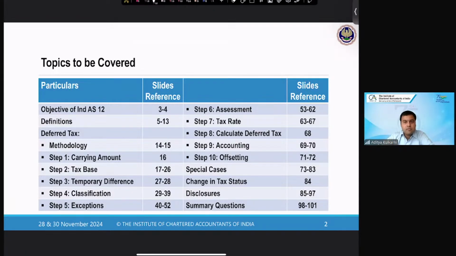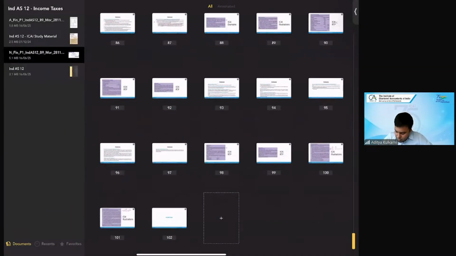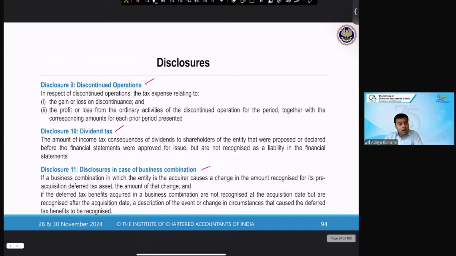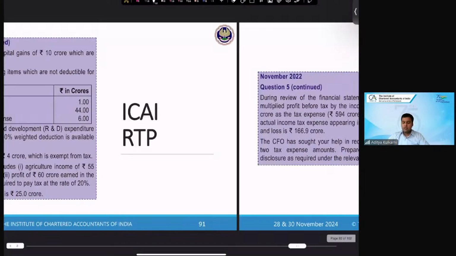Sir, could you please run through the disclosures alone once? One minute. Any specific disclosure? See, what all are you going to disclose?